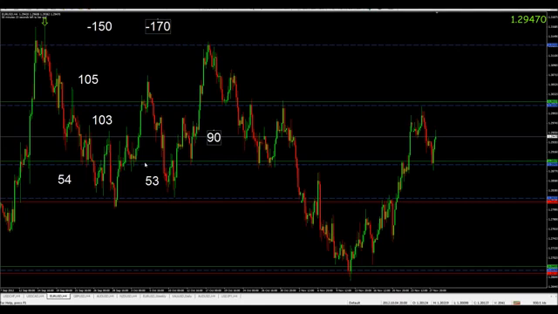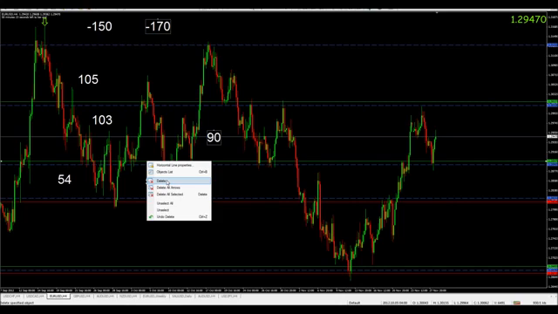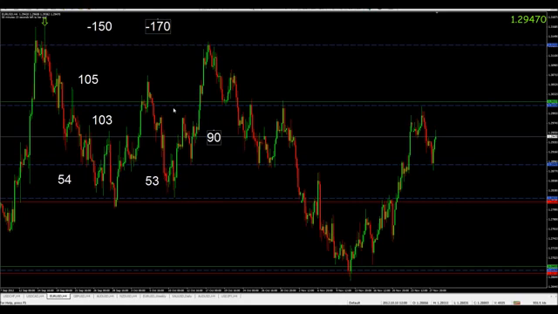That's another 90 pips taken, and this one's gone. Now that we've gone back up again to here, to this sequence in the hedge trading strategy.